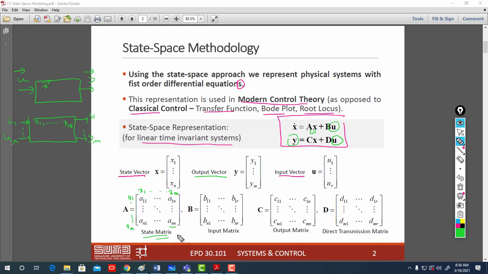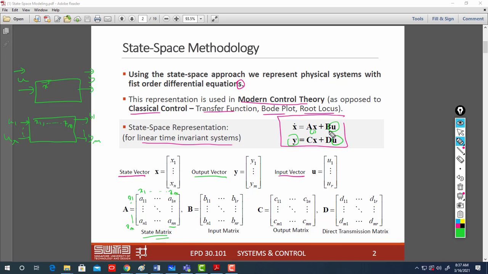So it's always a square matrix. The dimension of it depends on the dimension of the state. If you have two states, it is a 2 by 2 matrix. Usually, most of the time you don't know the states unless you are building your system yourself. You will practice it more and more.